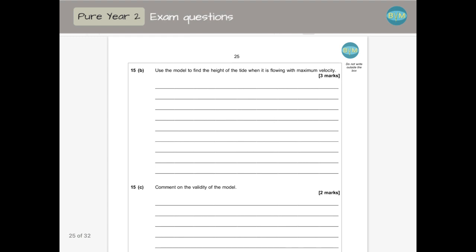That's the next part. Then for B, it says, use the model to find the height of the tide when it's flowing with maximum velocity. The tide is going up and down. When t is 0, we have a high tide. When t is 6, we have a low tide. So velocity is 0 here and here.